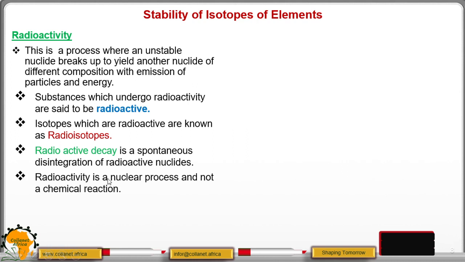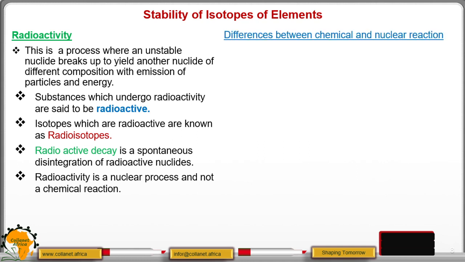Now, radioactivity is a nuclear process. Remember, in book 2 we learned about chemical reactions, and these chemical reactions involve what we call the valency electrons. But when we talk of a nuclear process, it involves the nucleus, or the reaction originates from the nucleus, and in the nucleus we have protons and neutrons.